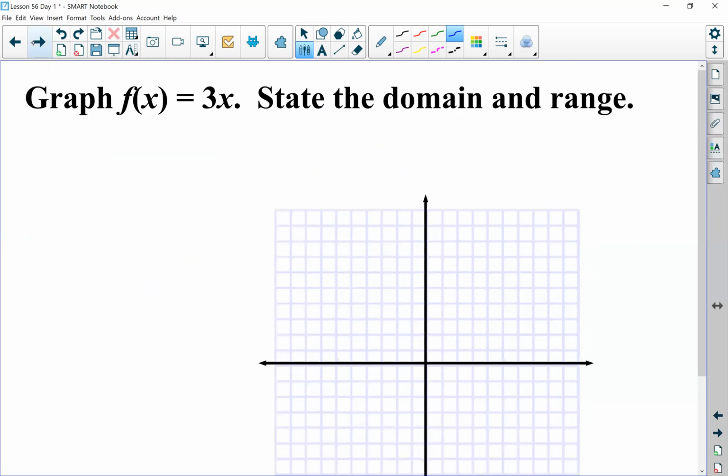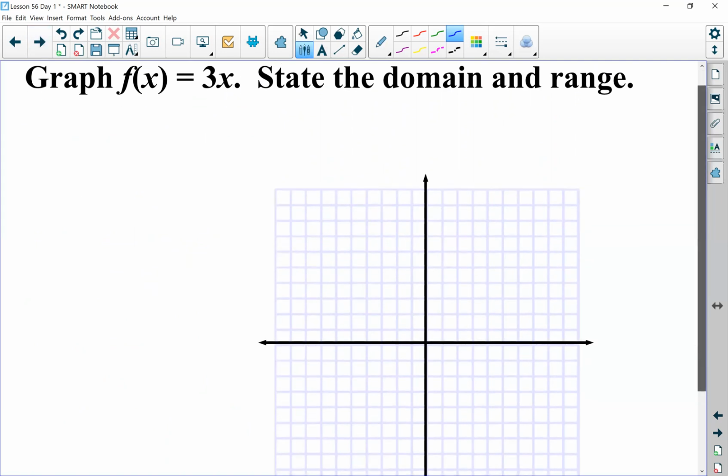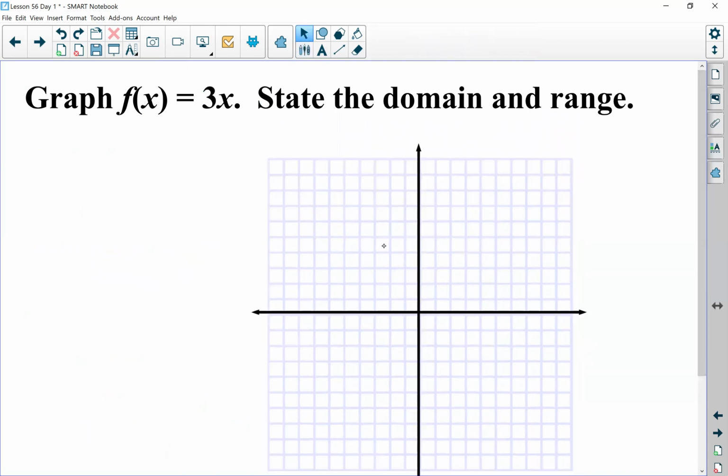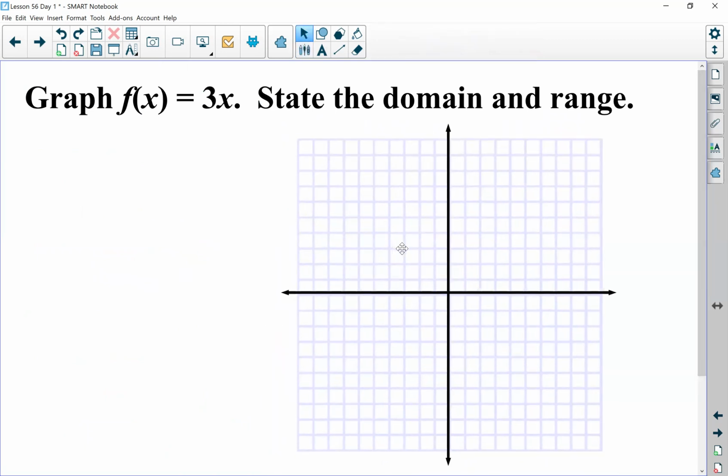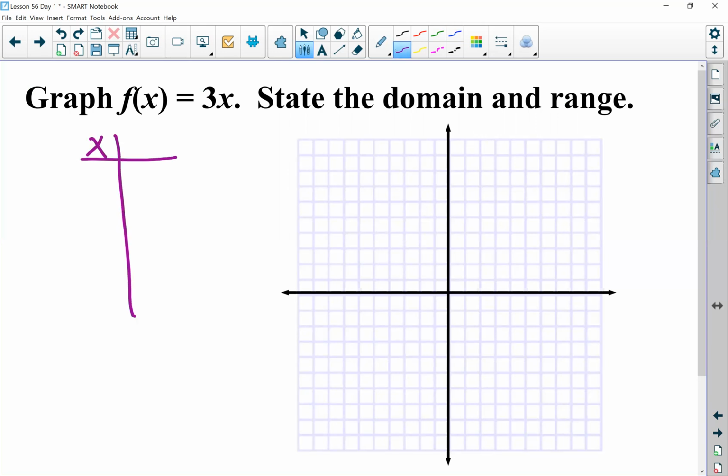So you might have something like this, 3x. And all we're going to ask is you graph and then state the domain and the range. So again, if you're not sure how to graph, use the shotgun approach. Pick some values for X, see what you get for Y. Maybe go -2, -1, 0, 1, 2.